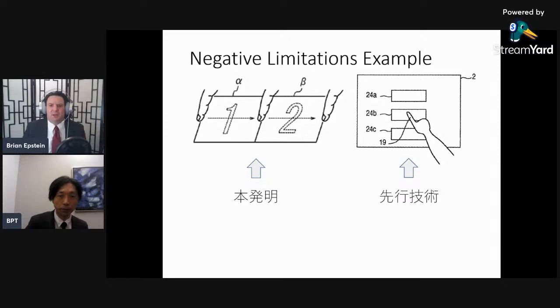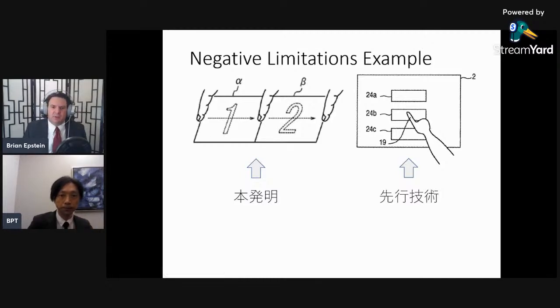Here you can see a finger moves through this key area alpha across a boundary and into the key area beta. And on the right is the applied prior art. Here, a finger moves from the operation button 24A through this border area, and then onto operation button 24B.